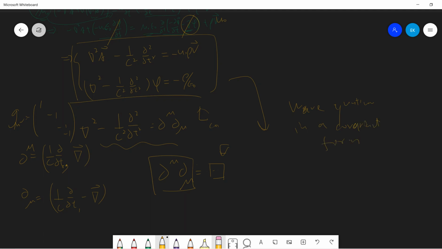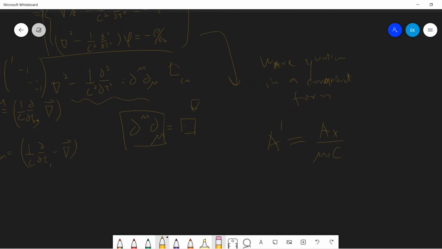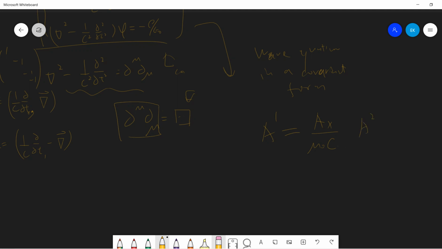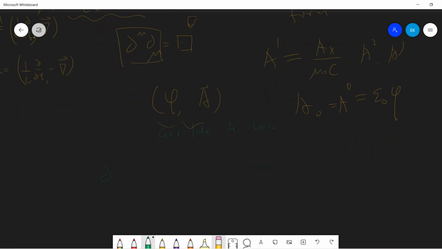Because I can denote A1 to be A x over mu 0 c, and do the same thing for the A2 and the A3. But for the A0, lower 0 and upper 0, I denote it the same as phi. So basically, that means the phi and the A are like a 4 vector, and the wave equation can be just written as this 4 vector, right?